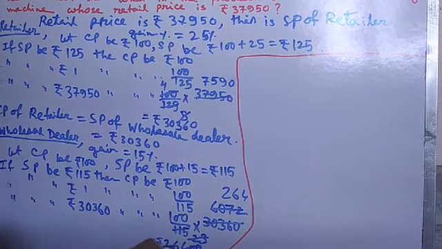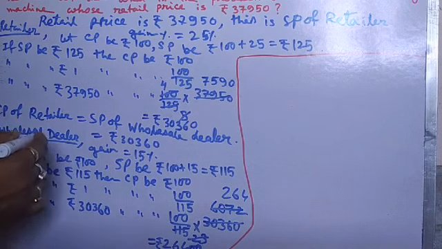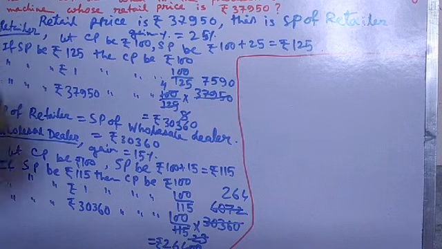Now here 26,400, this is the CP of the wholesale dealer, that means this is the SP of the manufacturer.